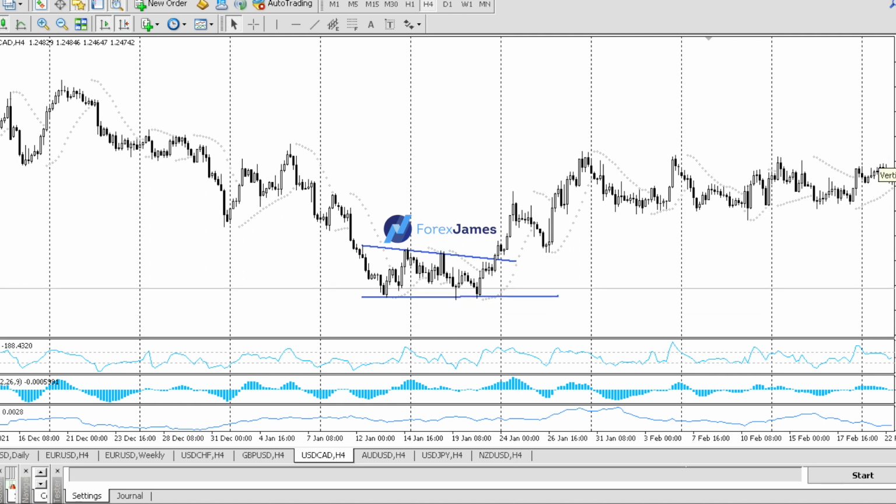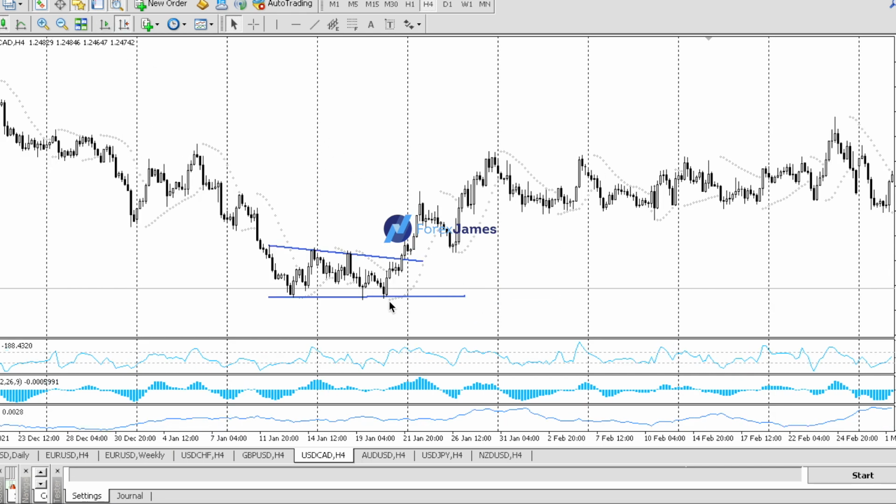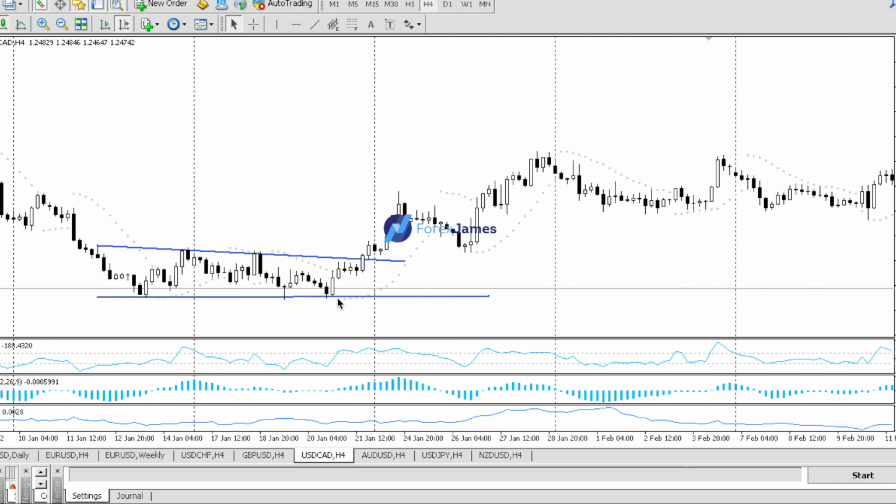What you can do, as opposed to waiting for a trendline break, is to enter when this little dot here appears. This dot at the bottom will appear as soon as price hits an upper dot, and when the candle finally closes, it prints.